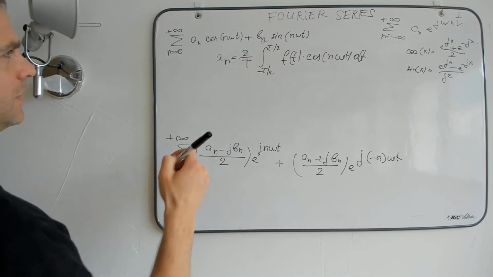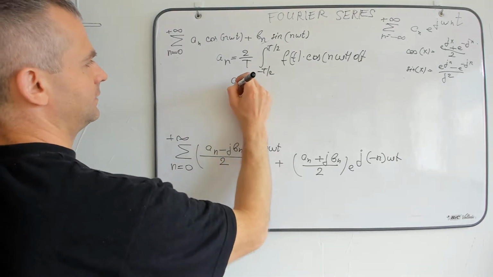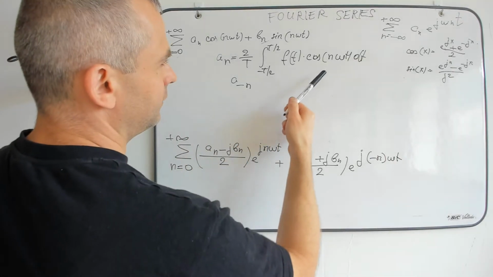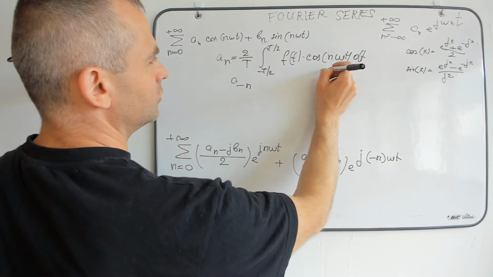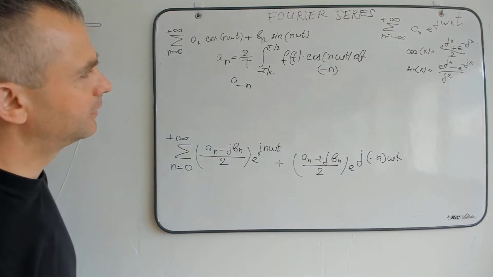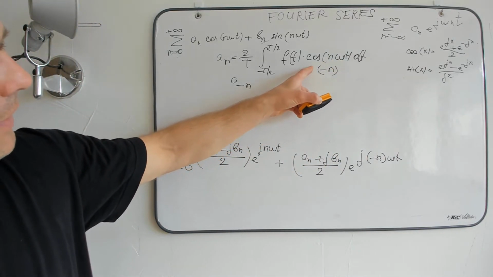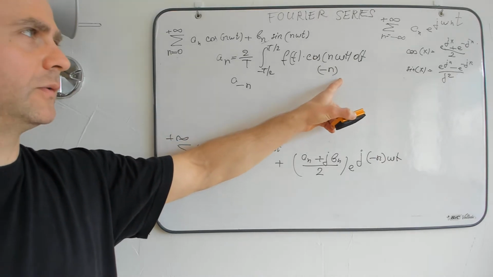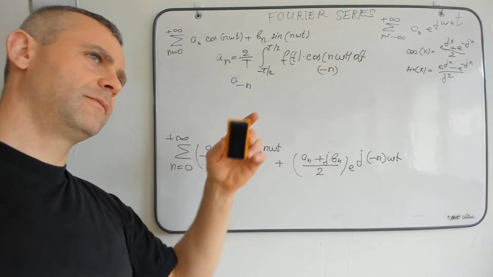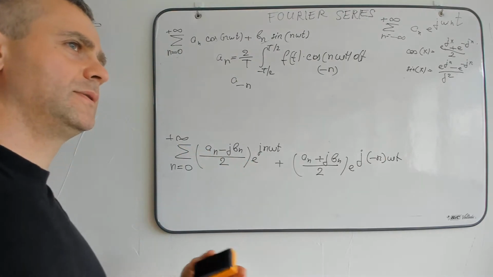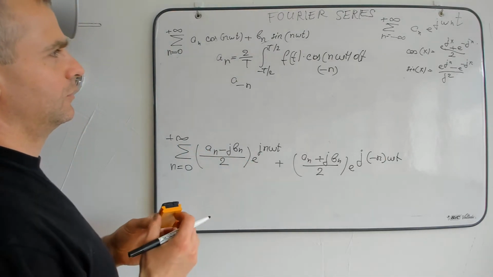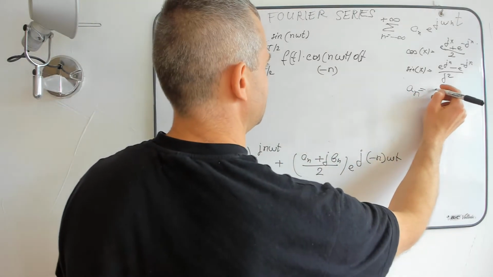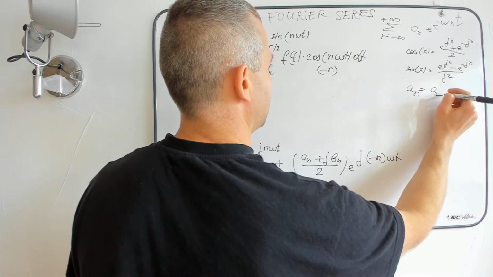So if I want to get minus n here, the formula will change only here. I will get cos of minus n omega t, but we know that cos of minus something is cos of something, which means that an is equal to a minus n.